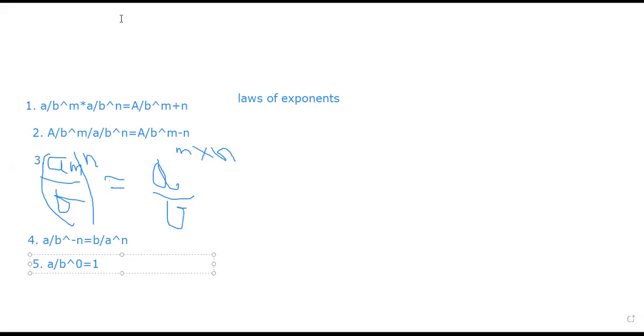So let's understand this with an example. Any exponent having the power 0, we give the answer as 1. This is the simplest of all laws.